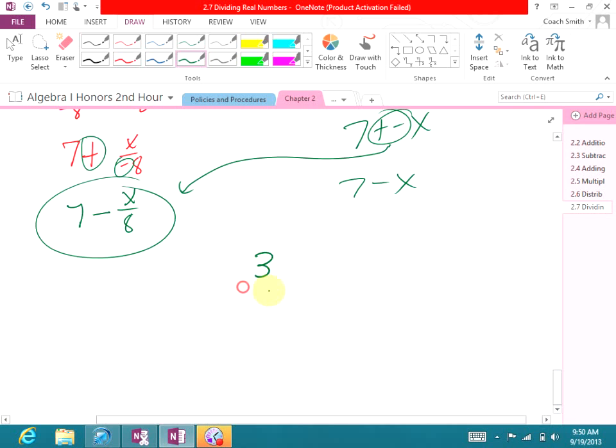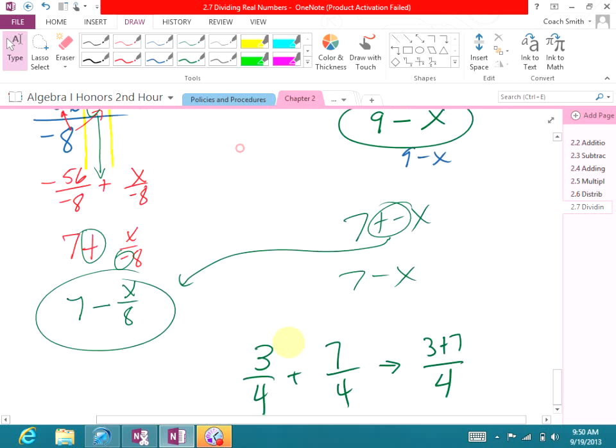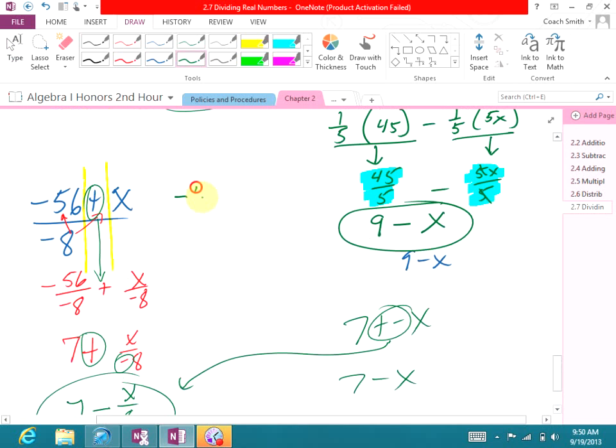Because here, and this is what you need to see, if I had 3/4 plus 7/4, isn't that the same thing as 3 plus 7 over 4? So realistically, what I have right here is the same thing. I just got a variable in there now, and that's my problem.